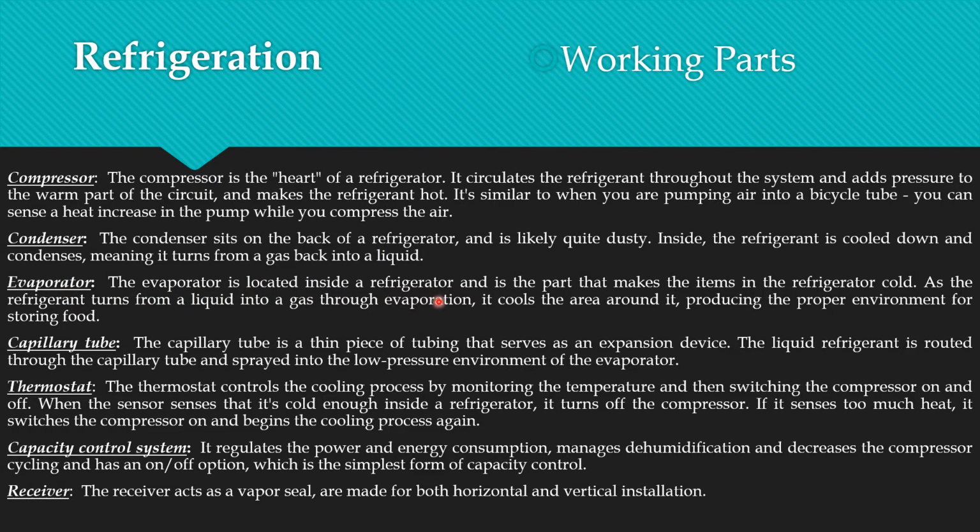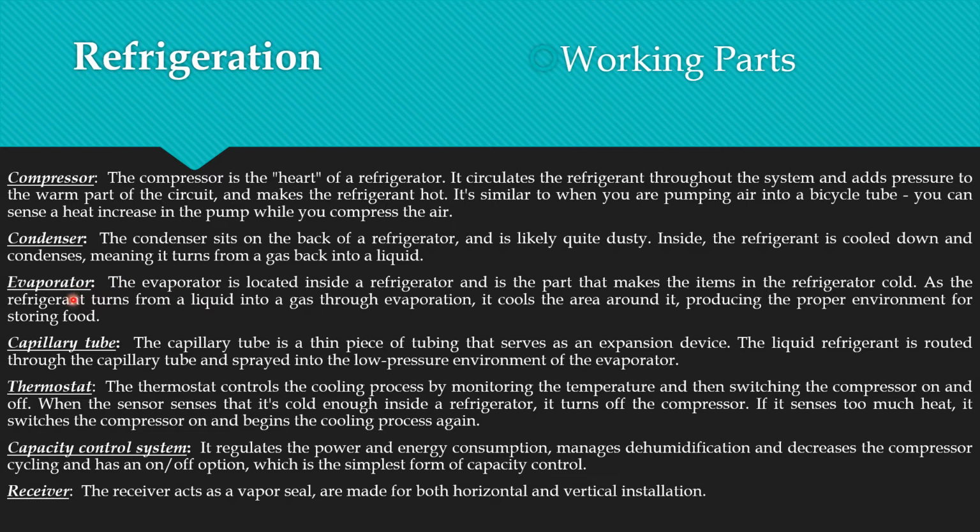The evaporator is located inside the refrigerator, from the freezer part onwards. It is the part that makes the items in the refrigerator cold. The refrigerant turns from a liquid to a gas through this evaporation coil. It cools the area around it, producing the proper environment for storing the food, to make it cool when it is stored in the fridge compartment.